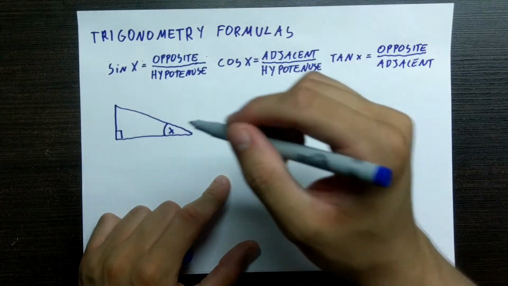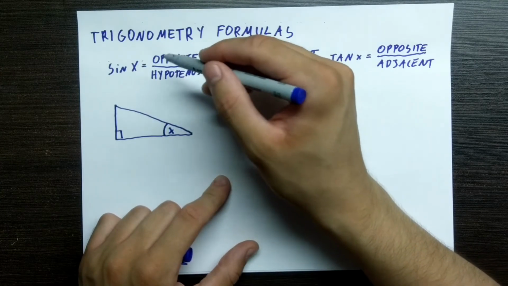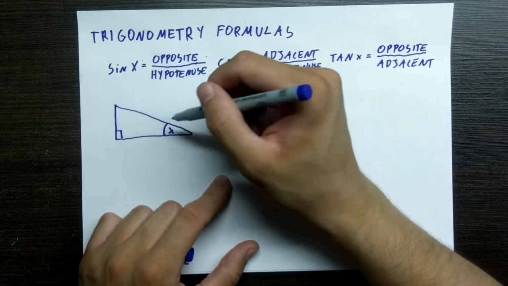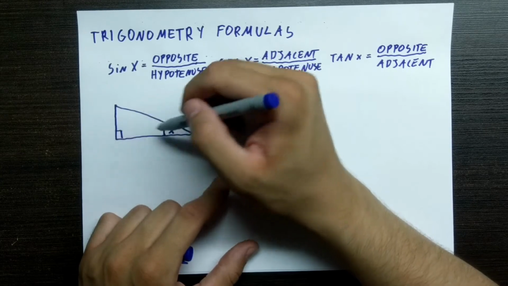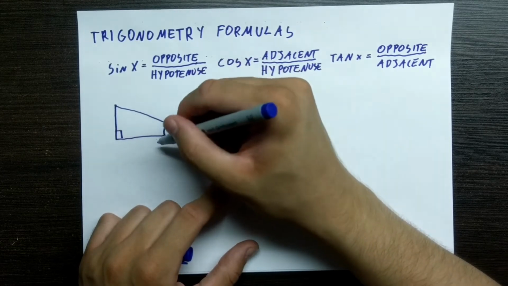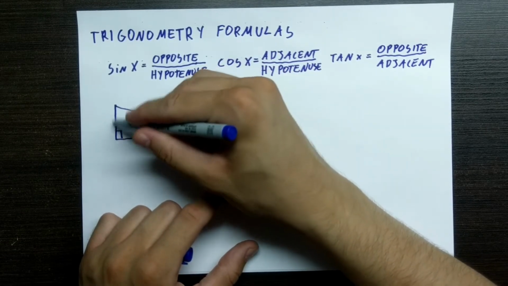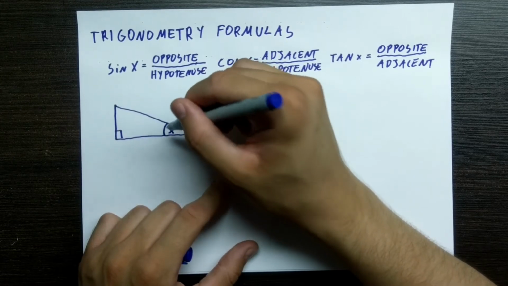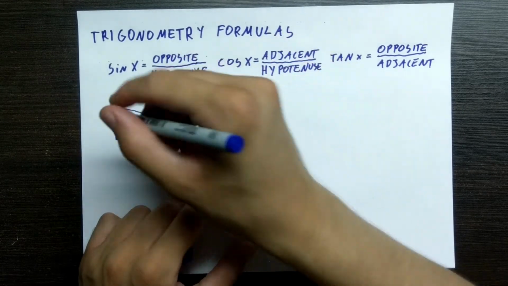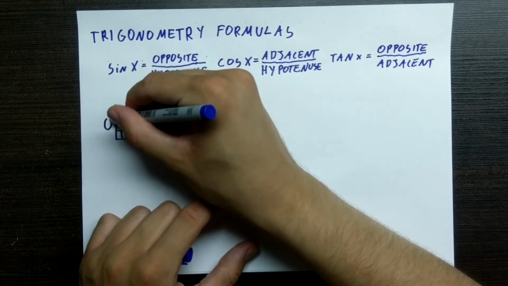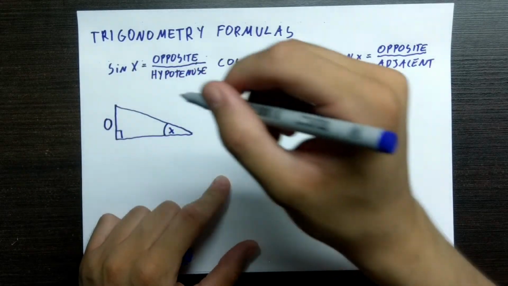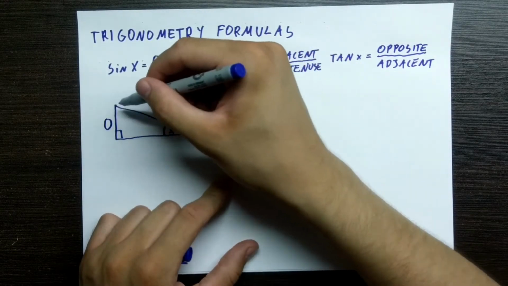So, what does it mean? Well, the opposite side is the side opposite to angle x. So not this one, the opposite side is this one, the one that does not touch angle x. So this is the opposite side, I will label it as O. The hypotenuse is the slanted side.